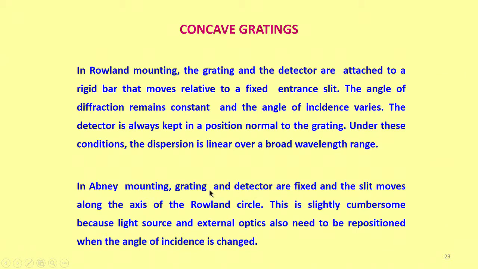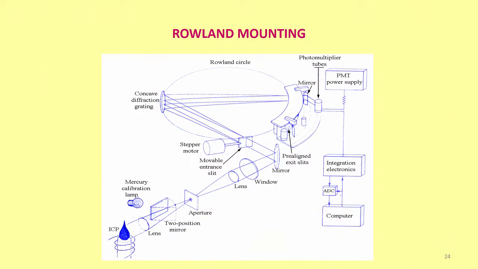In Abney mounting, the grating and detector are fixed and the slit moves along the axis of the Rowland circle. This is slightly cumbersome because the light source and external optics also need to be repositioned when the angle of incidence is changed. So, this is what I had explained to you as Rowland mounting.